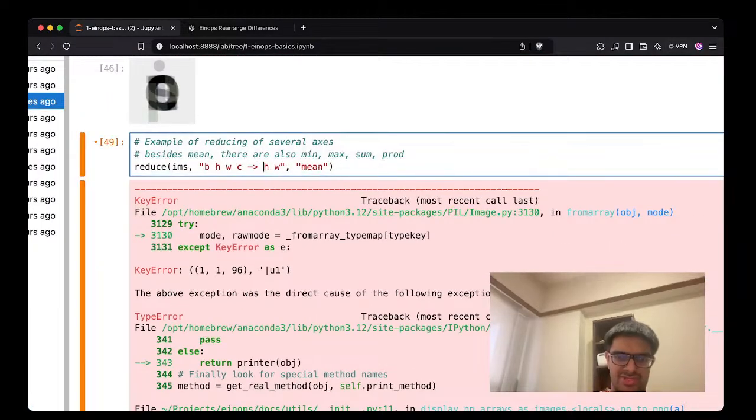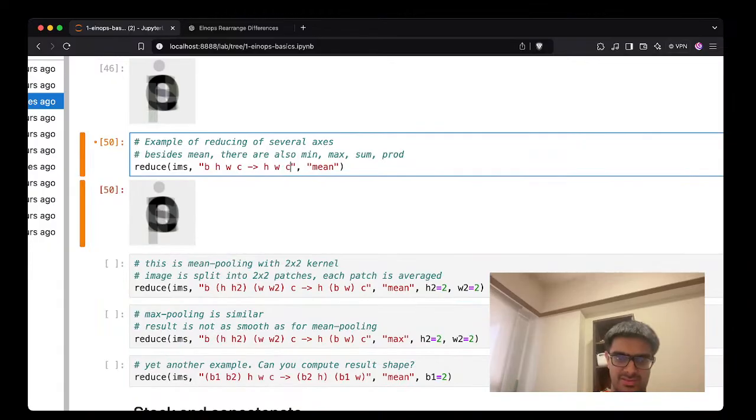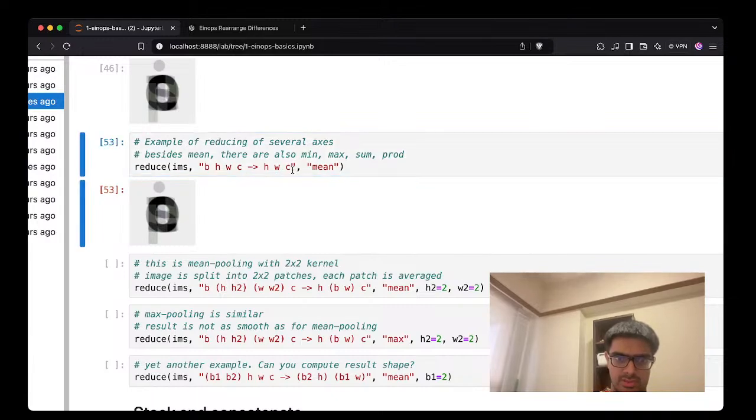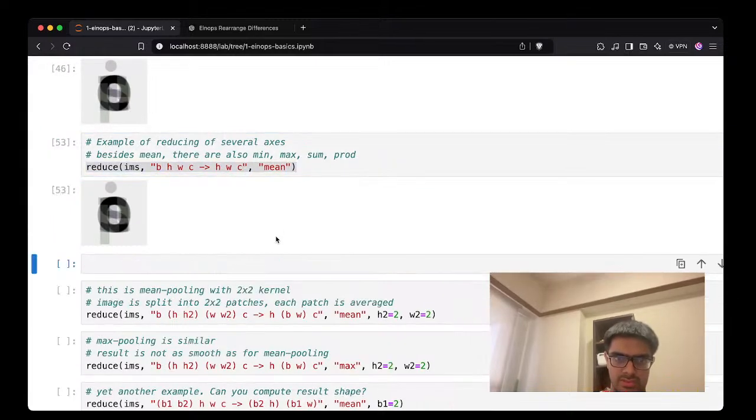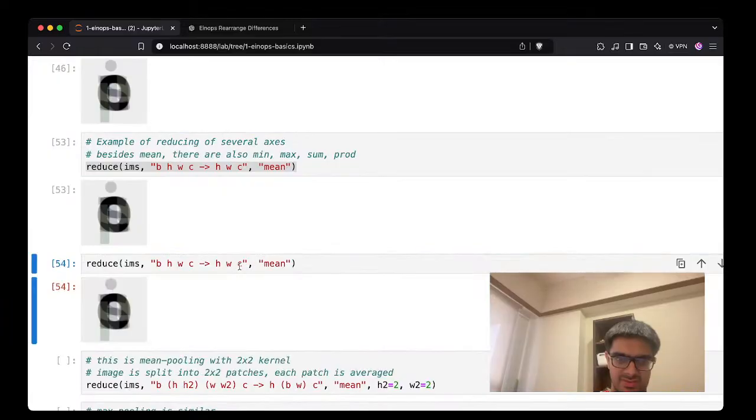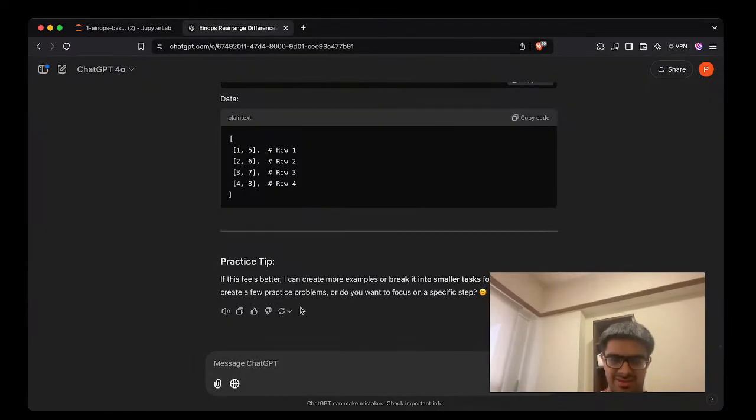Oh, okay. Some issue happens here. Are these two the same image? Okay.